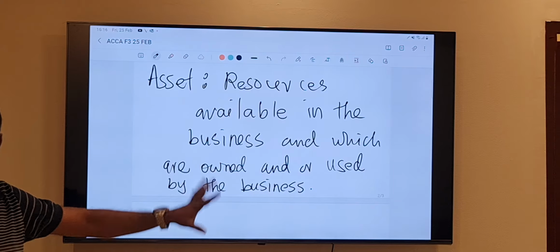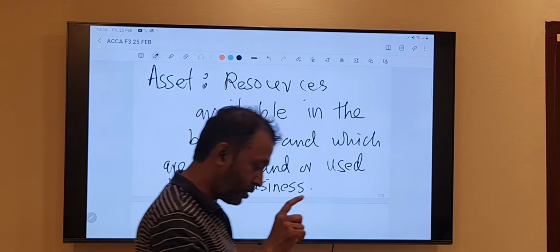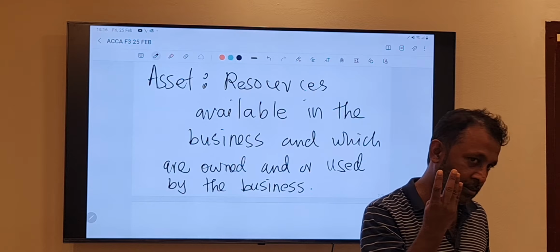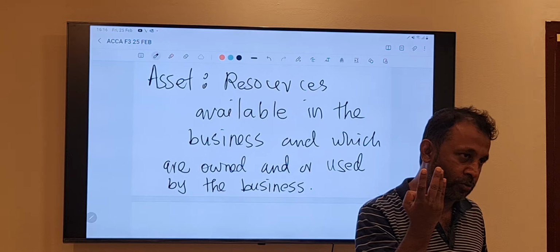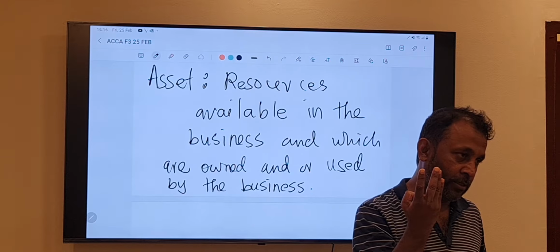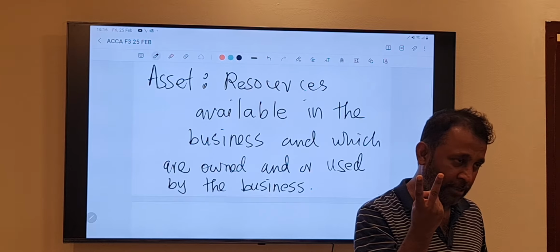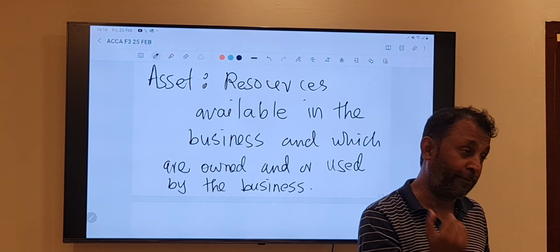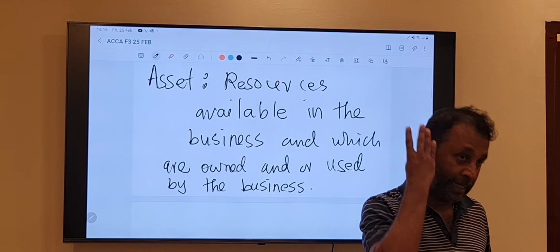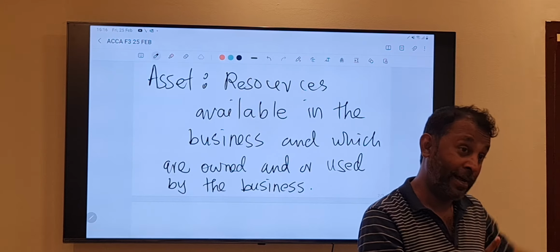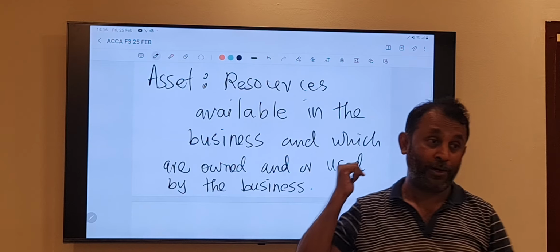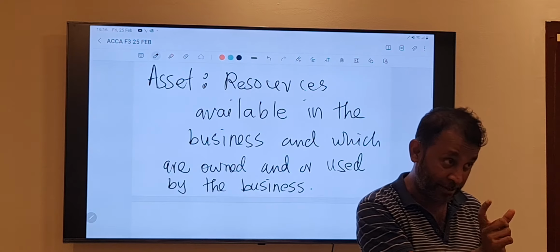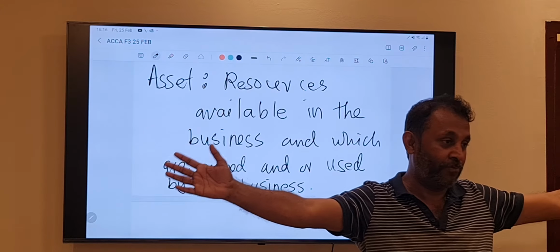Assets are resources. In economics, there are 4 types of resources. Can someone tell me what those 4 types are? You have land, labor, entrepreneurs, and then capital. These are the 4 categories of resources as per economics, not as per accounting. When you say land, land means everything.